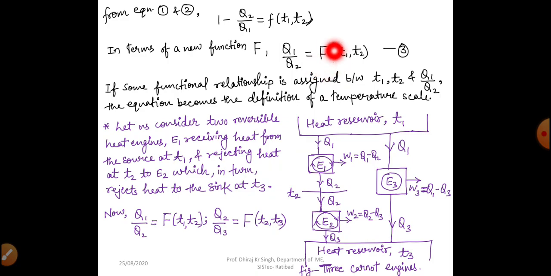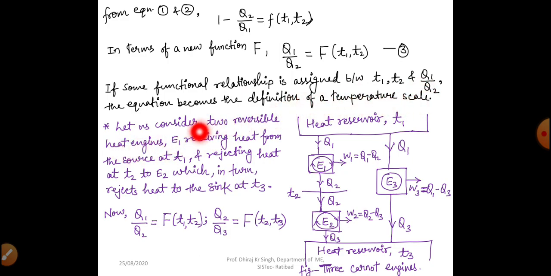This is the new function, and this will be our equation number 3. If some functional relationship is assigned between T1, T2 and Q1 by Q2, the equation becomes the definition of a temperature scale. If we make some relationship between T1, T2 and Q1, Q2, that becomes a temperature scale.